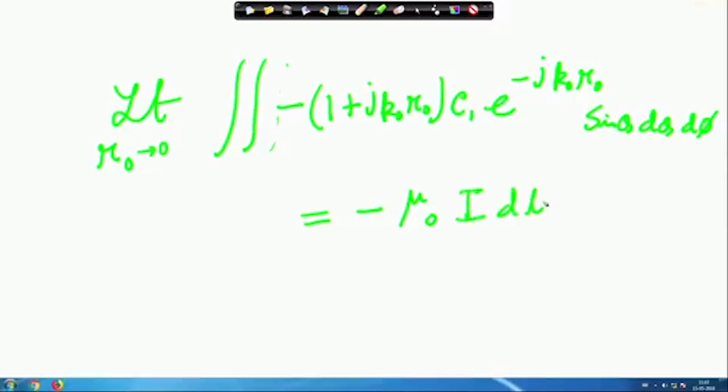Now, these are all constant things. So, sin theta d theta d phi, and I will have to put these values. So, phi will be 0 to 2 pi, theta will be 0 to pi.